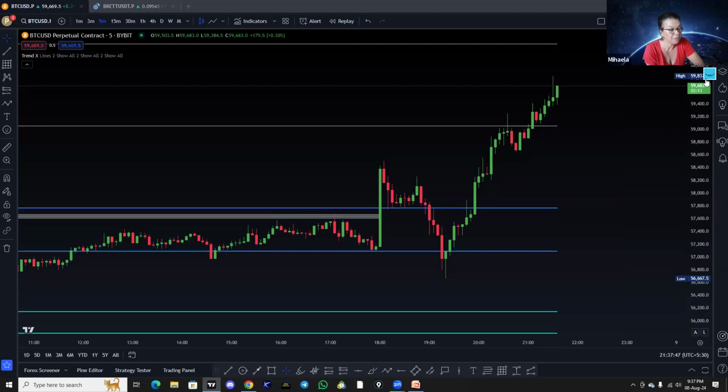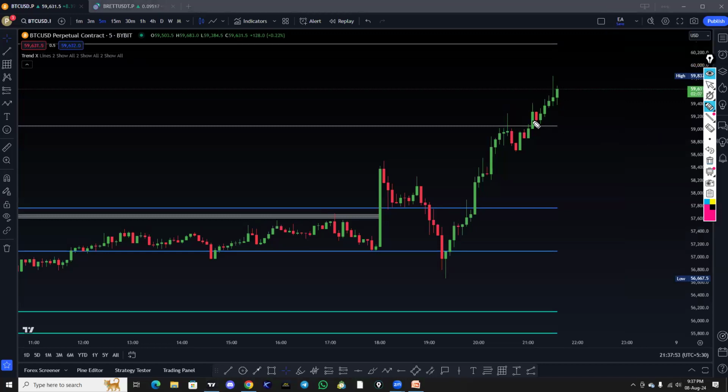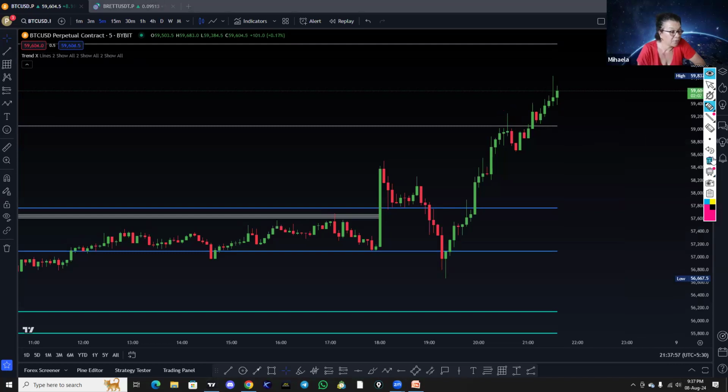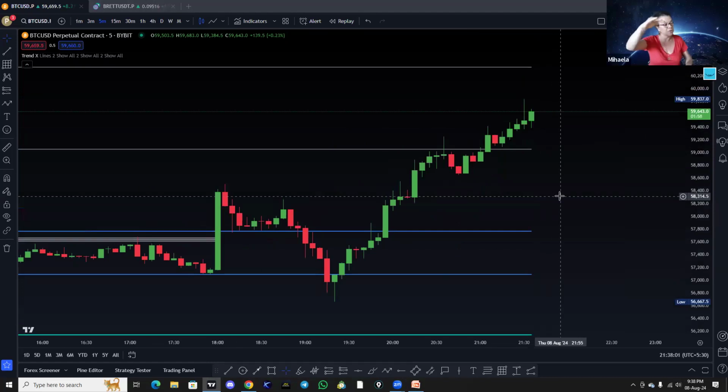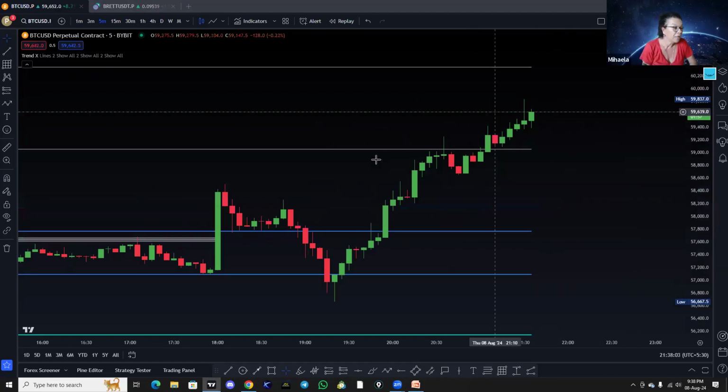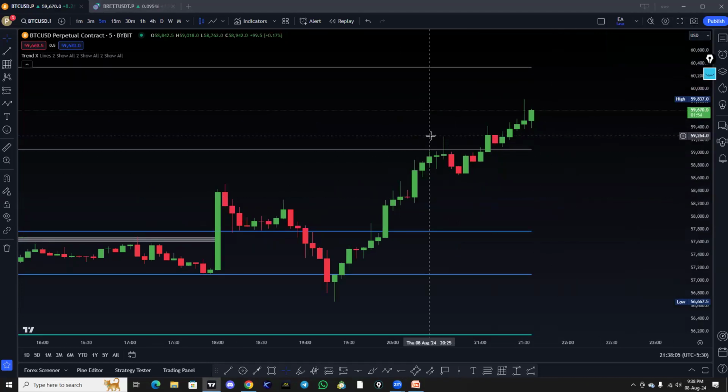Now I took again a short there. Isn't that a good pattern for a short? Yes, this is a short area, obviously. I put stop loss above the wick, and again I was stopped. So two times, no, I understood.